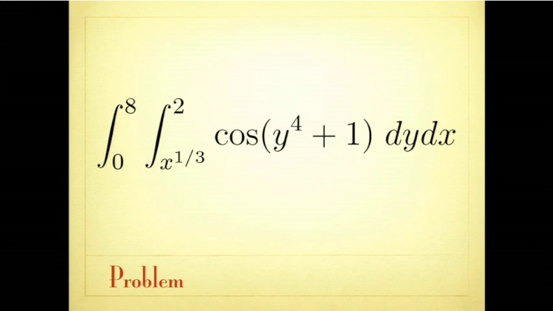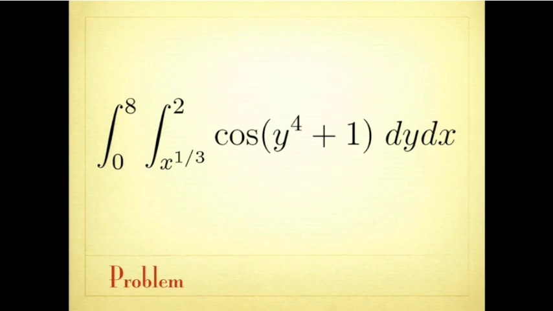And now we can change the order of integration. We integrate from 0 to 2 dy, and then we integrate, it's left to right now, from 0 to y cubed. It's x equal to y cubed, and then cosine of y to the 4 plus 1. And now we are safe, right?